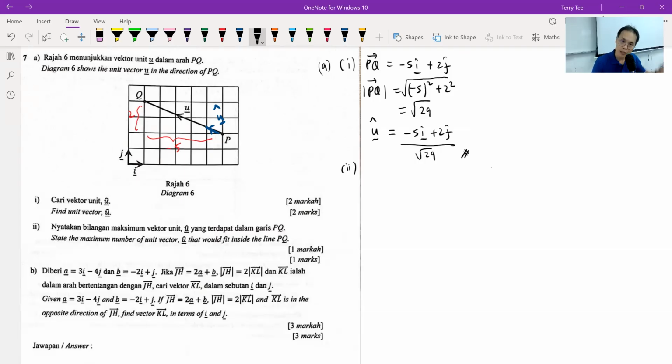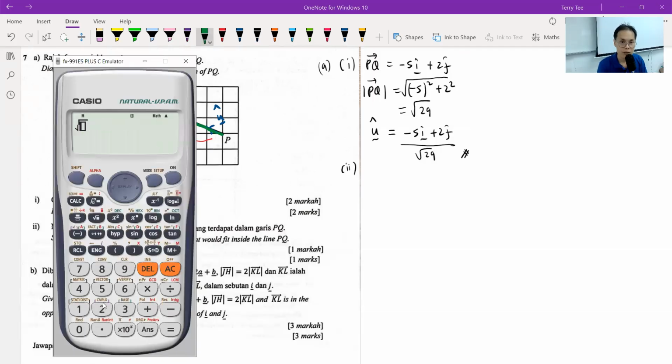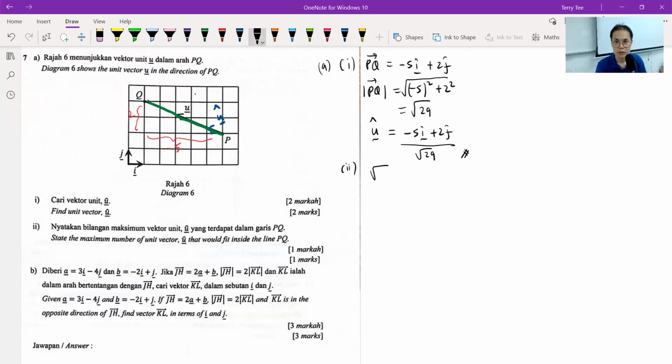Next, I want to find the maximum number of unit vectors that would fit inside the line PQ. Very simple. We already know this length has a magnitude of square root of 29, and square root of 29 is approximately 5.385.